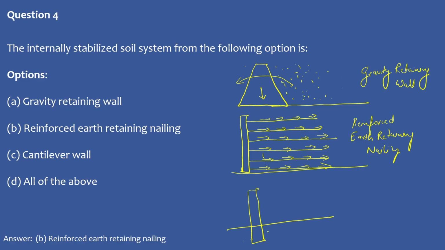This dense medium provides the necessary support to the wall, and this support gives a cantilever mechanism which helps in resisting the lateral forces coming from the soil at the backfill. So this is the cantilever wall.